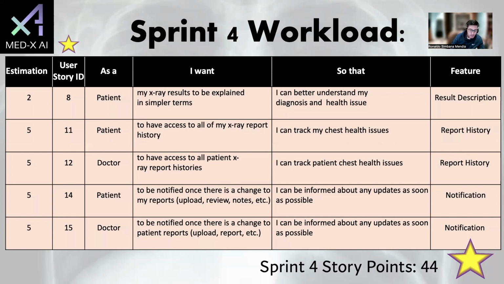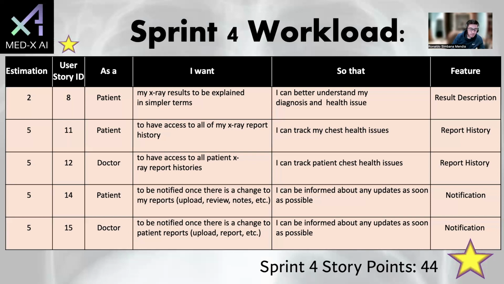And then there's a total of 5 tasks for this table, and the total estimation points from these 5 tasks is 22. The features from this table are one, result description, and there are 2 versions of report history, one as a patient and one as a doctor.